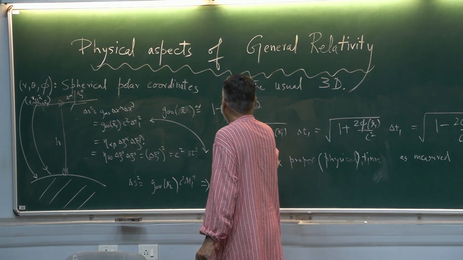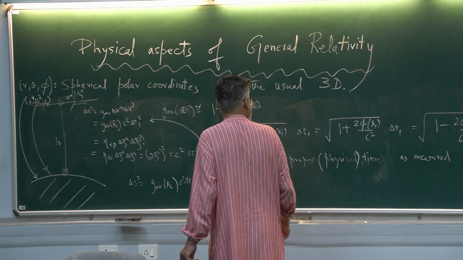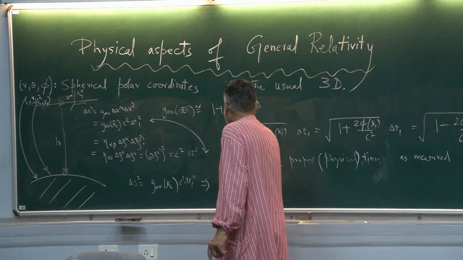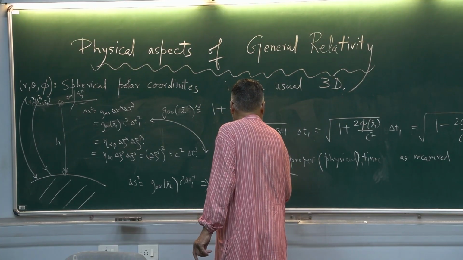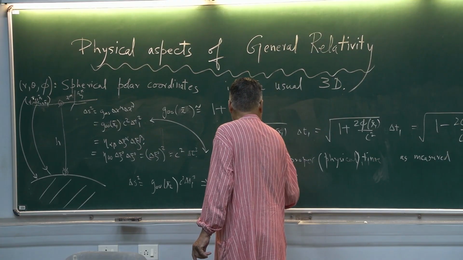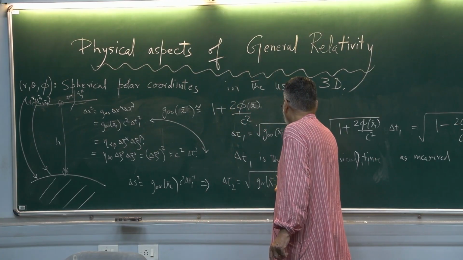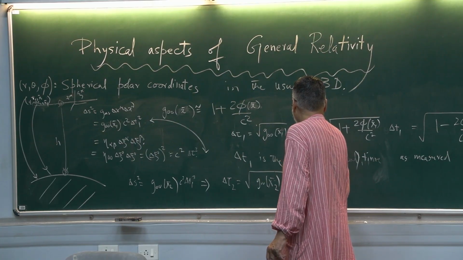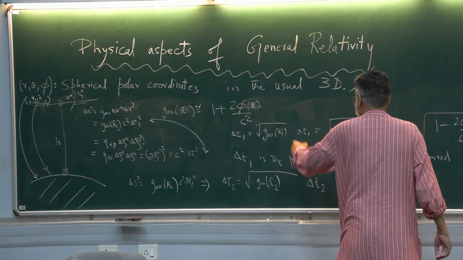So I'll call some label: delta tau 1 here and delta tau 2 will be square root of G00 at x2, multiplied by delta T1. I am not going through the whole lot of thing because x1 was arbitrary.